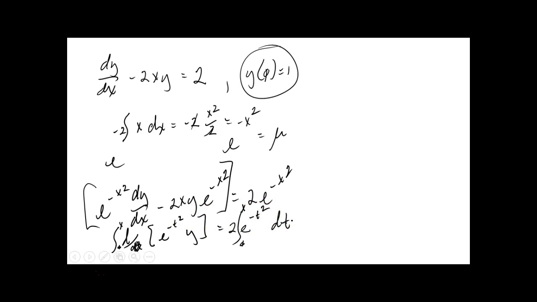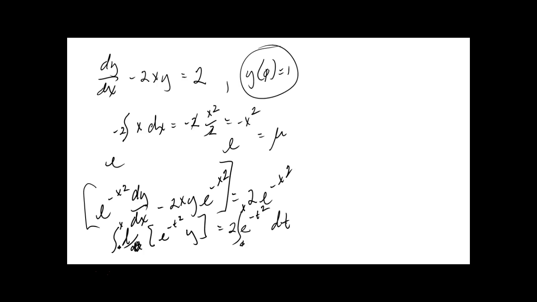Okay? Well, this thing is the integral of a perfect derivative. So this just comes out being this, but you're going to evaluate it when t is going from 0 to x. Okay?